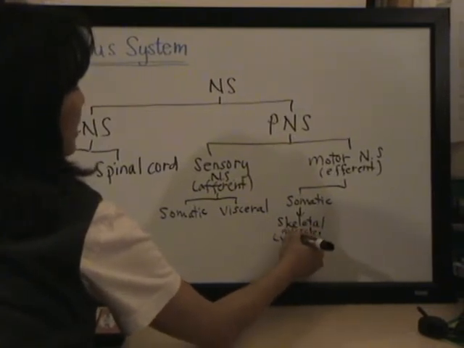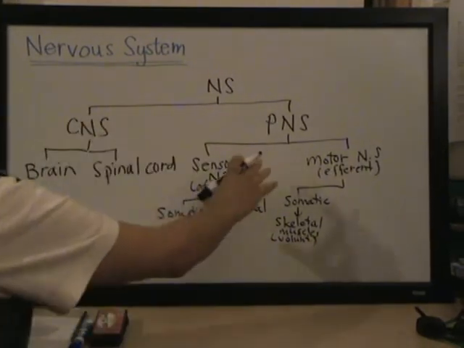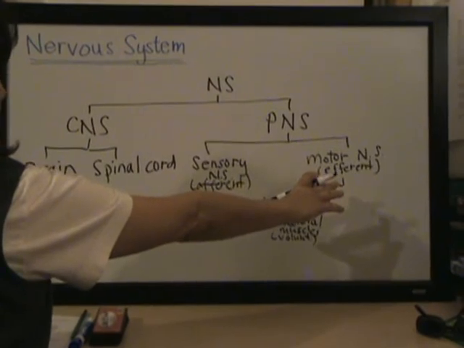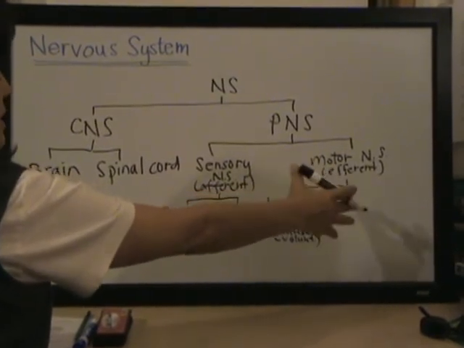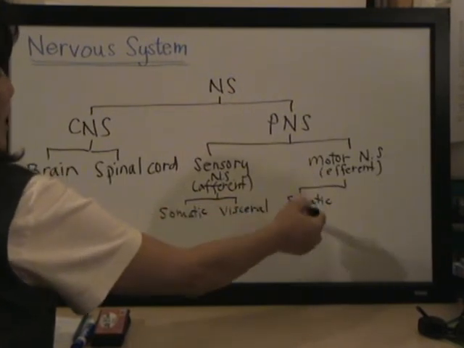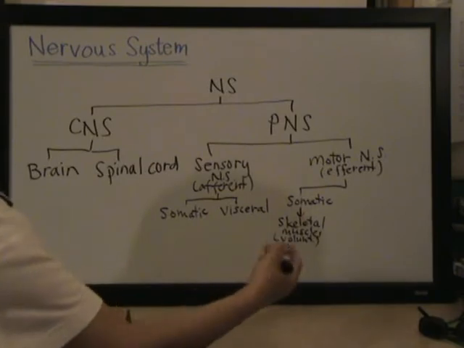I'll put voluntary. Alright. So as information passes out to our muscles and our glands, so we get some kind of reaction, information can go and pass to the skeletal muscles, which we control.